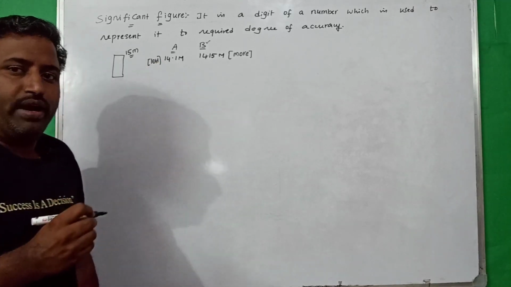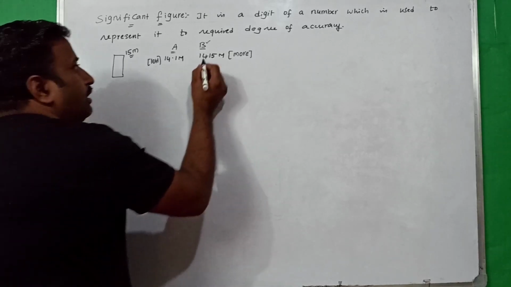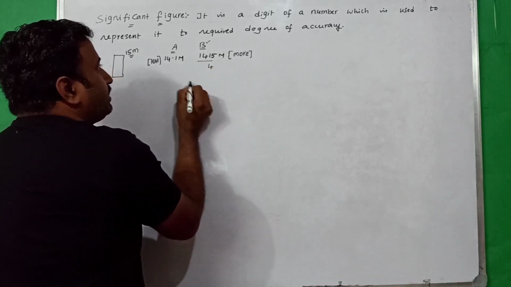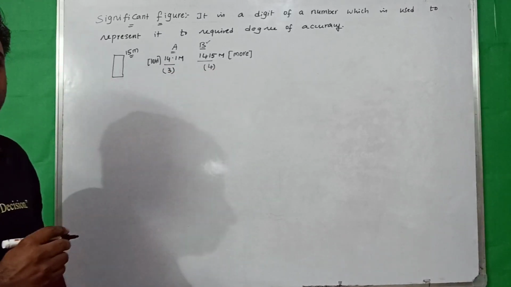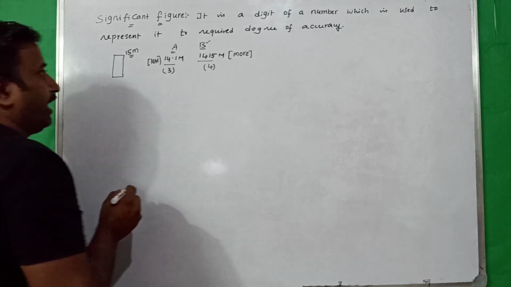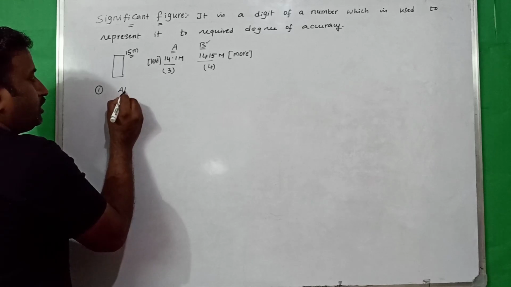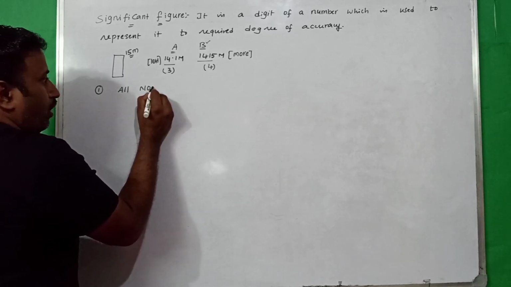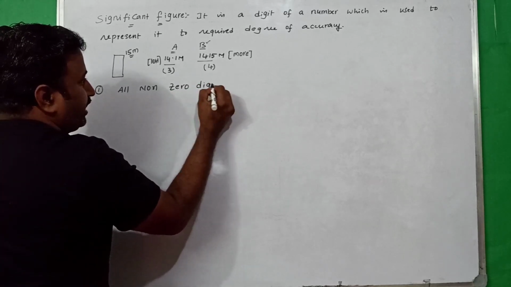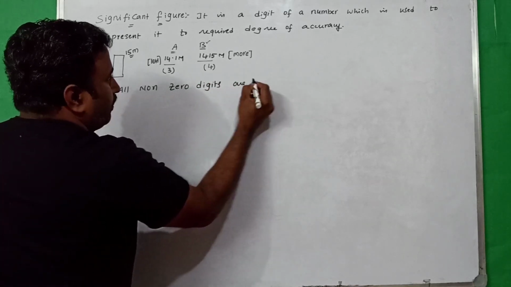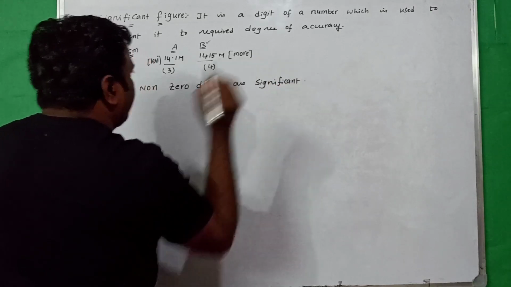Now, how to find the number of significant figures? How can you say here we have 4 significant figures, here we have 3 significant figures? For that we have certain rules. The first rule: all non-zero digits are significant.